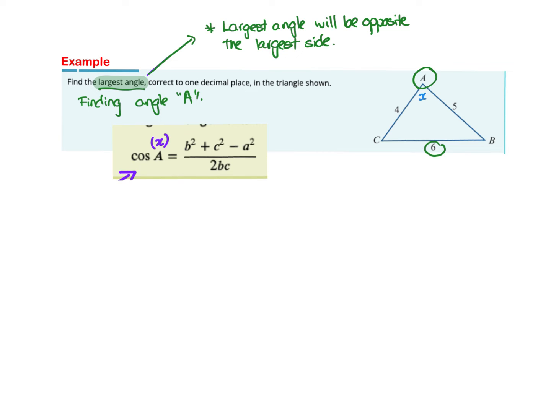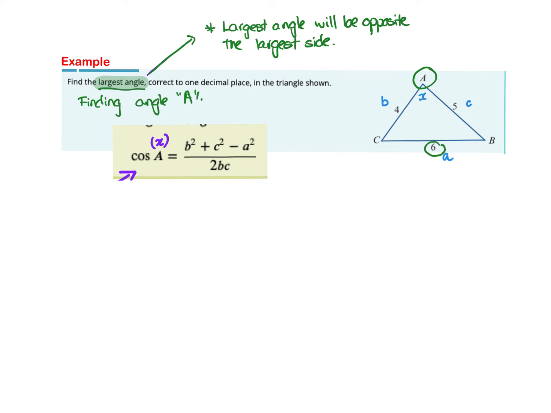All right, so we should label this triangle. Side 6 is little a, side 4 is little b, because it's opposite the capital B, and this would be little c, okay?